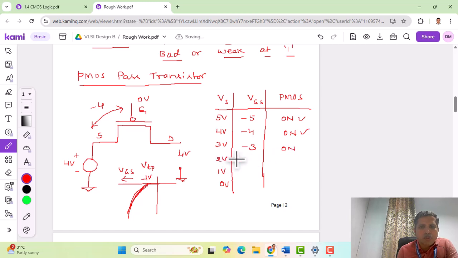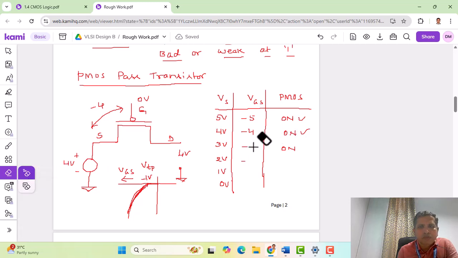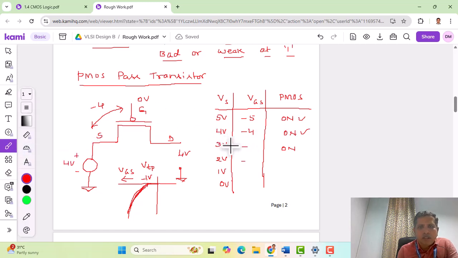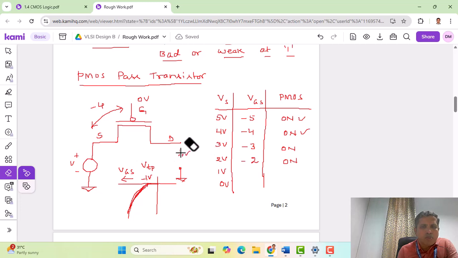With 2 volts at source, VGS is 0 minus 2, which is minus 2. So still the transistor is on. Now let us see what happens when 1 volt is applied here.